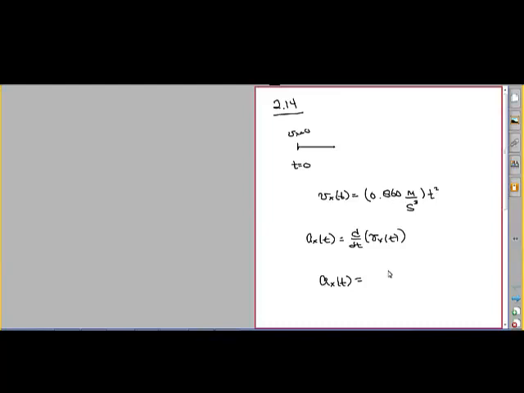So 2 times 0.860 is going to be 1.72. I've only got 3 significant figures here, so I'm going to leave it at that. The units are still meters per second cubed for the constant, and then we multiply by t.